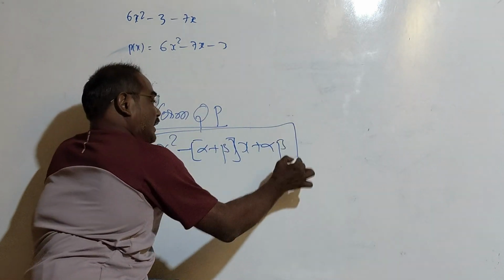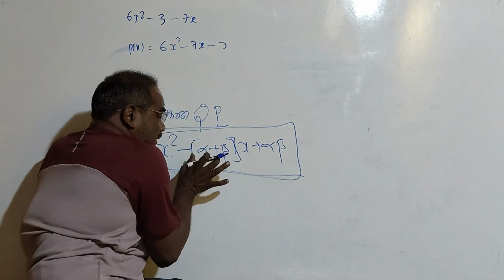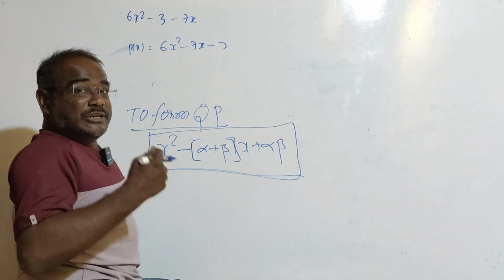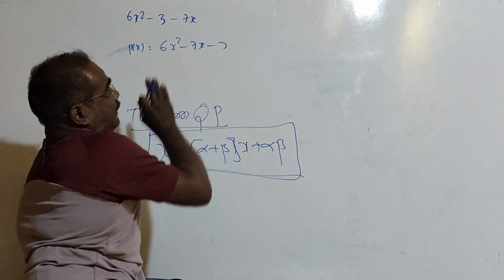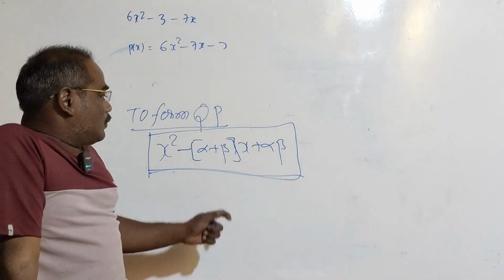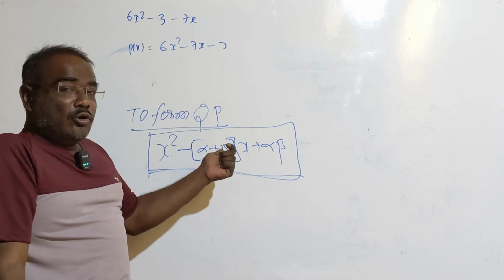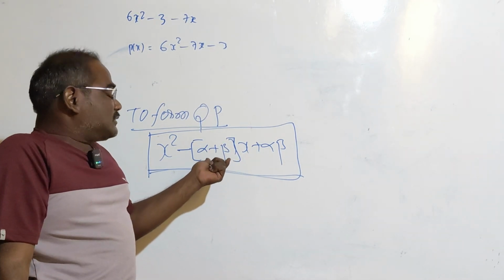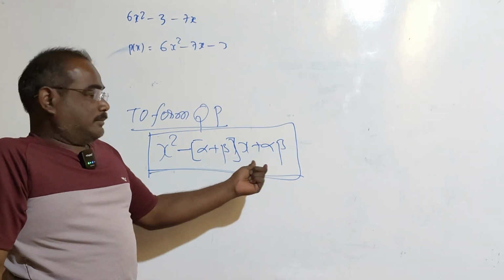This is a very important formula. You need to remember this formula, which helps us to generate a quadratic polynomial. If we know alpha and beta, this is the sum of zeros, and this is the product of zeros.